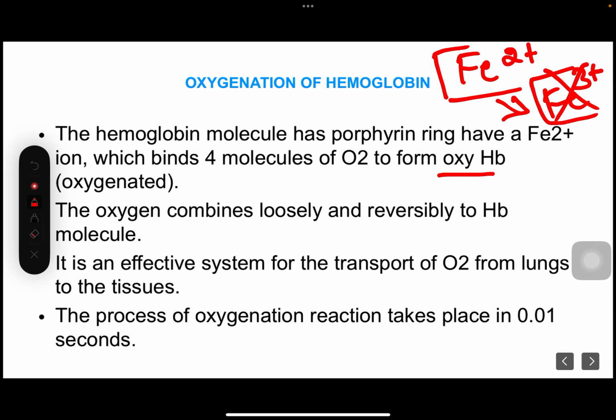It is an effective system for transportation of oxygen from lung to the tissues. The oxygenation reaction takes place within 0.01 second. Whenever hemoglobin reaches the pulmonary capillary blood, the time taken for oxygenation is very short, about 0.01 second.